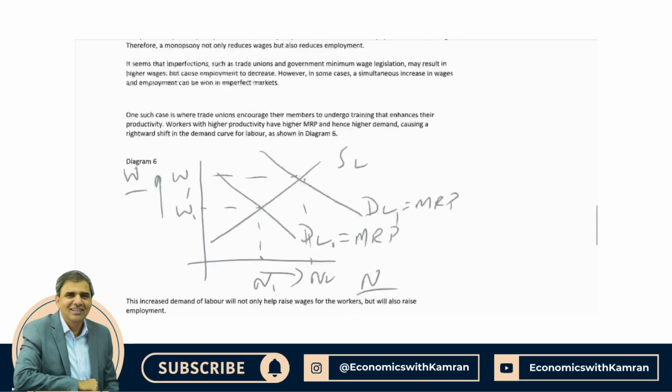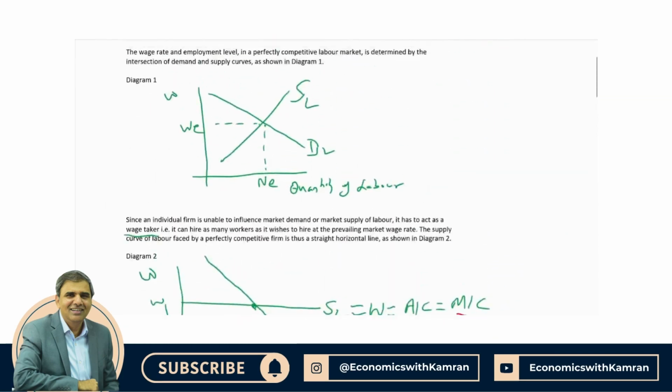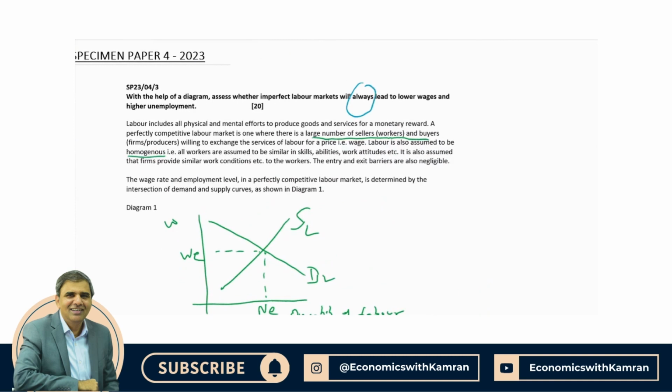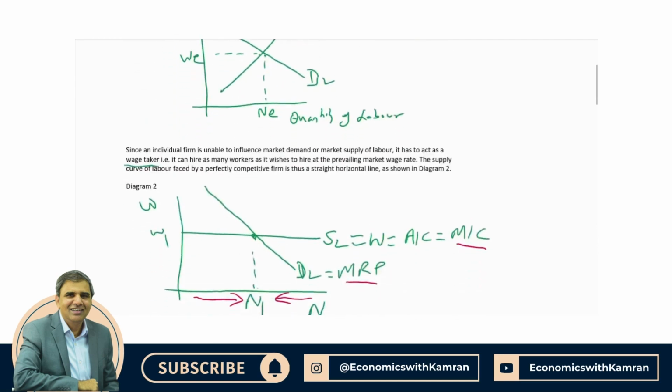So this question which says, does it always lead to lower wages and higher unemployment? We said there are three cases where an imperfect labor market leads to lower wages and higher unemployment, but there are a couple of cases where an imperfect labor market may not lead to lower wages and high unemployment. Actually, it may do the opposite and lead to higher wages and higher employment.